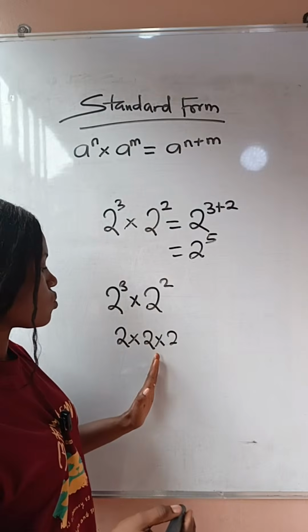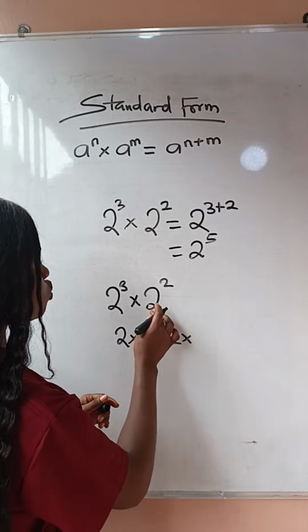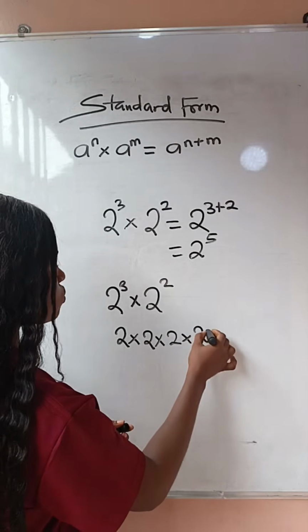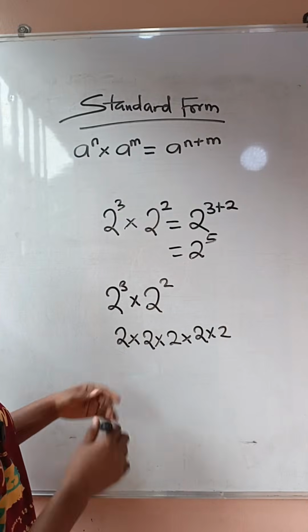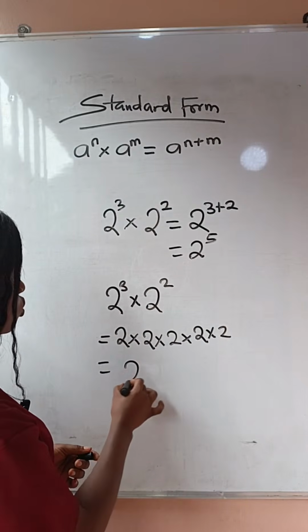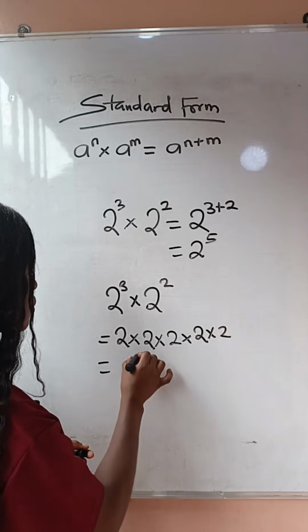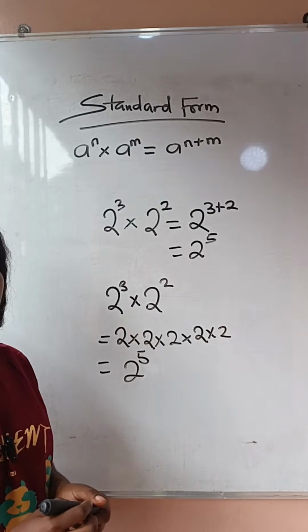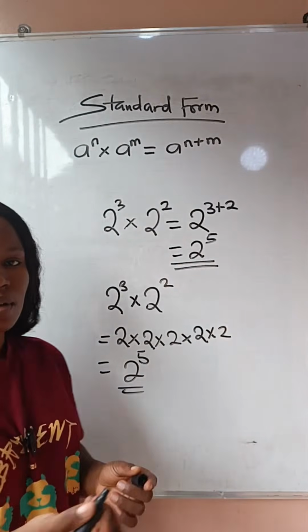Then times 2 to the power of 2 means 2 times 2. Now, if you notice, you have 2 to the power of 1, 2, 3, 4, 5. 2 to the power of 5. Now you can confirm that you get the same answer.